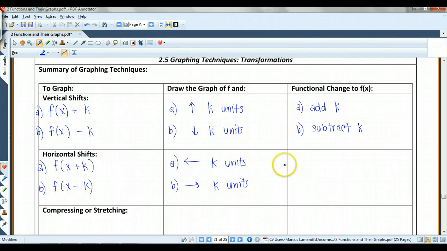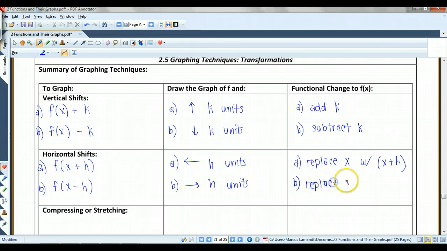And once again, this is when you replace x with, you know what, I think I'm going to change the variable here. I'm going to use an h instead, just so it doesn't get confusing. And this is when you replace x with x minus h. Okay.